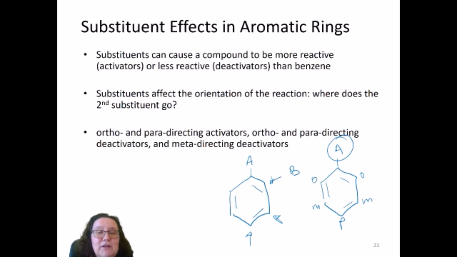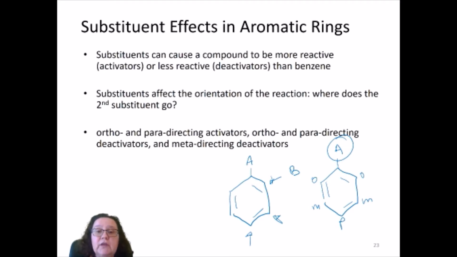The reaction will go more slowly than if you were comparing a similar reaction but having a benzene ring with no substituents. And where does it go, ortho, meta, or para position? Well, you will have ortho and para directing groups, and meta directing groups.